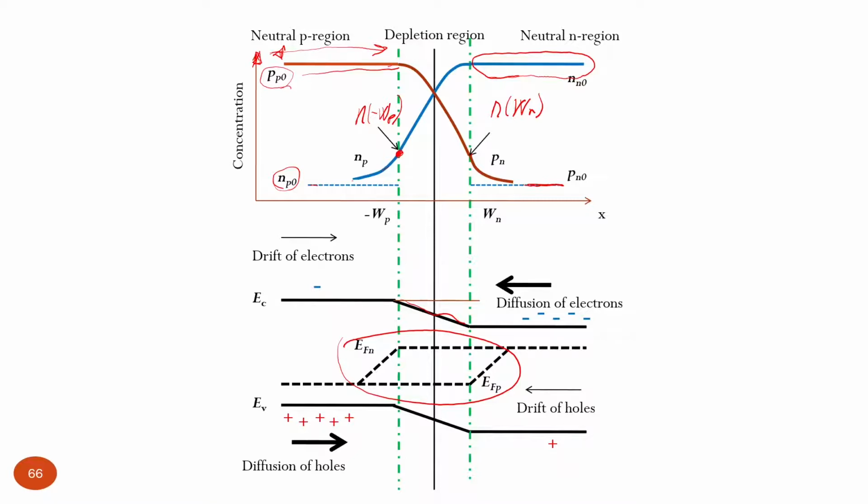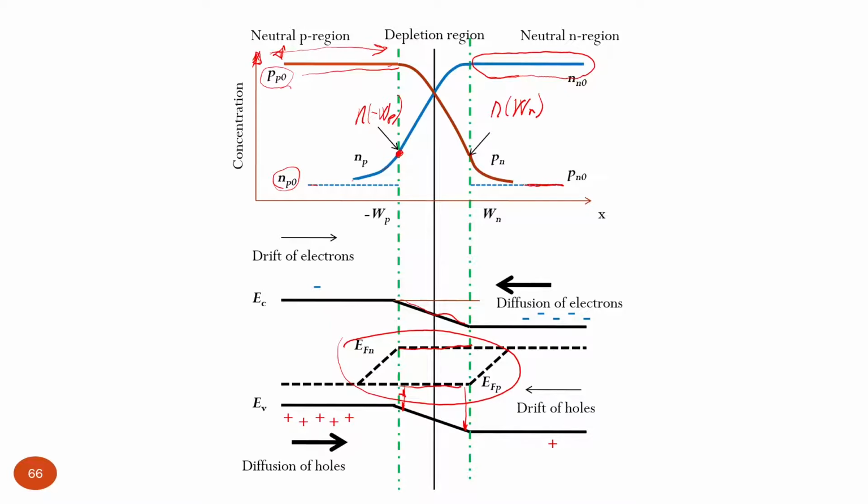But here, there will be some gradient of concentration, obviously, because if you look at this quasi-Fermi energy level position, you see that the distance between the quasi-Fermi energy and the respective bands changes. So obviously there will be some gradient, and that is because they meet with each other once they are injected.